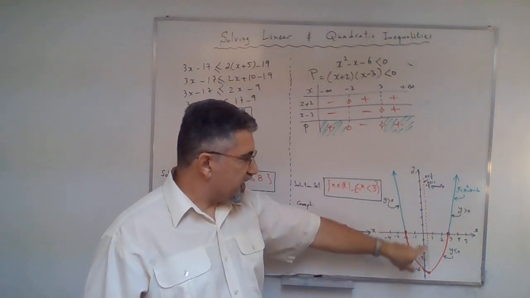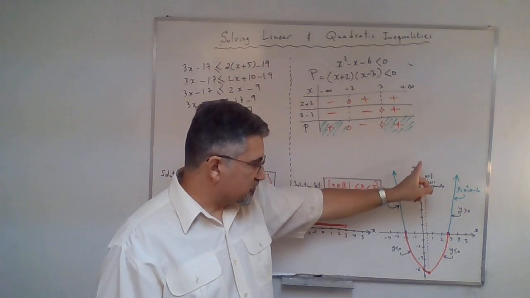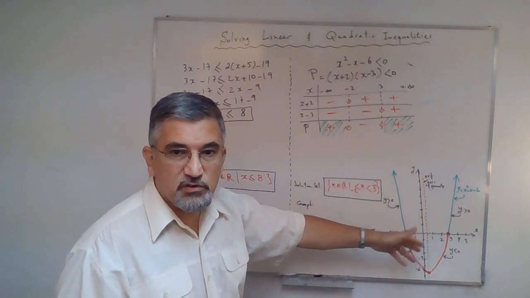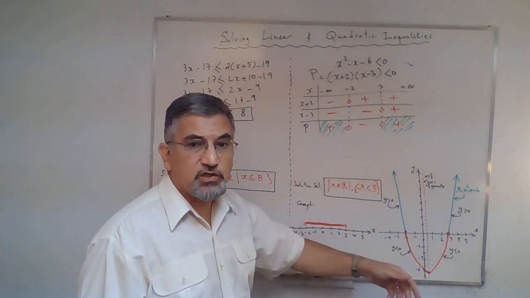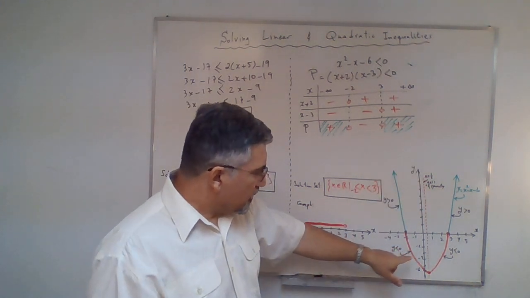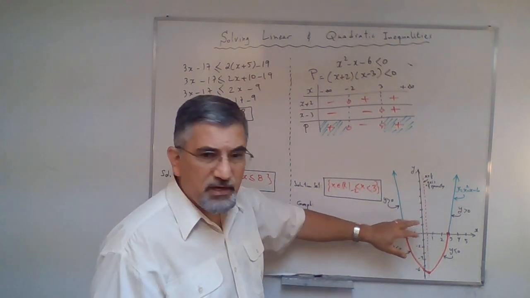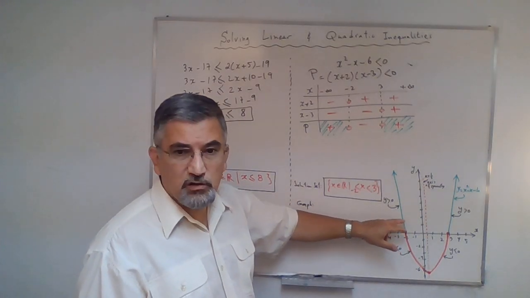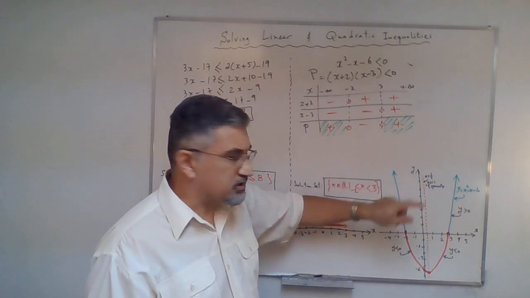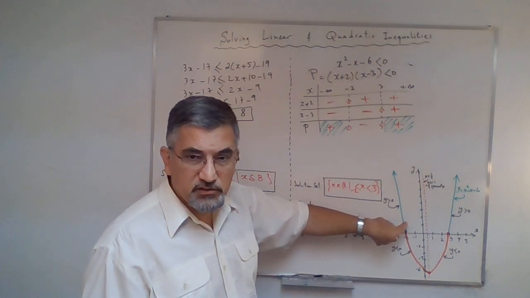I have the vertex, I have the axis of symmetry, x equals 1/2. You know, I'm not explaining how to graph parabolas. Everybody knows that. You can even use technology to graph it if you want. But you may notice that this parabola has two colors. The green part is the part above the x-axis in the positive region, where y is greater than 0.